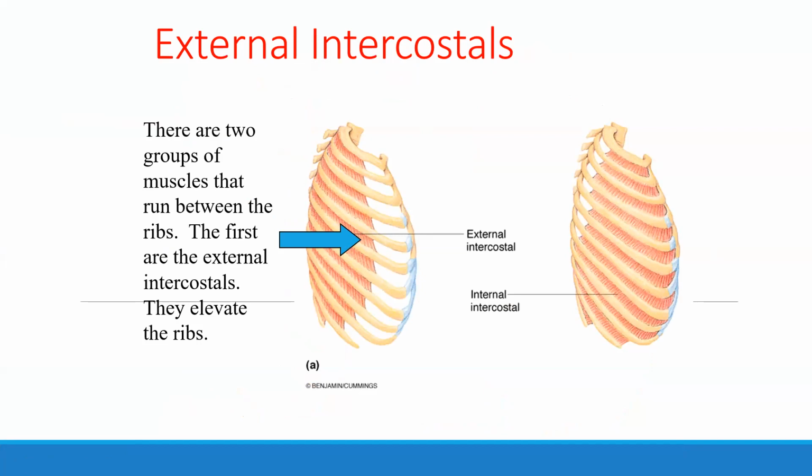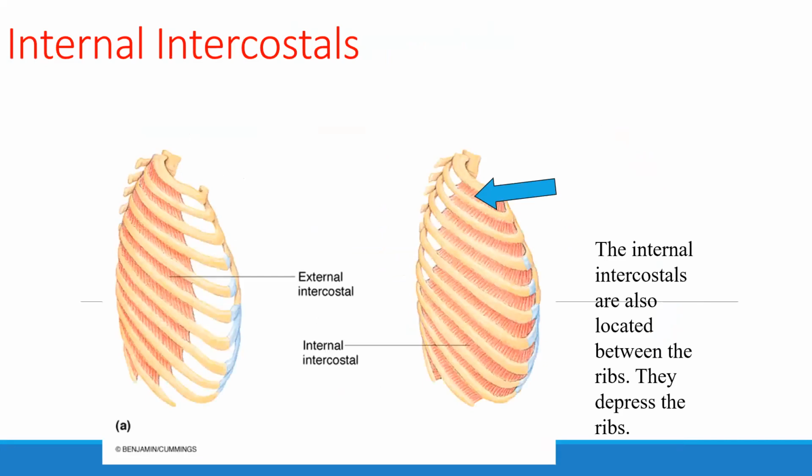When the internal intercostals contract, they lower the ribs and the diaphragm comes up. The thoracic cavity volume drops, the lung volume drops, and air goes out. Since the lungs are glued to the inside of the chest wall, they have to do what the chest wall does. So the internal intercostals depress the ribs.